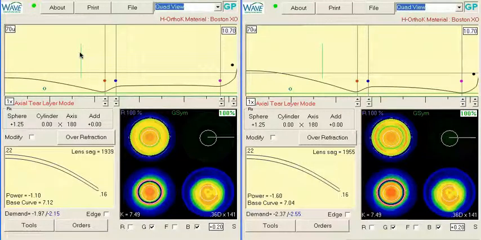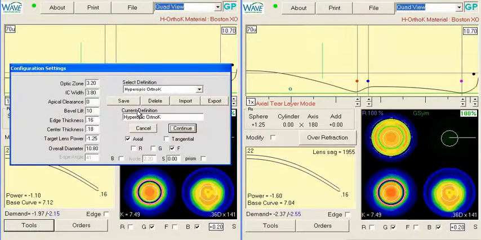So as far as a redesign goes, if we wanted to go freeform, I would probably use the initial 4.5 and 5.0 on this side. We would have to go through and do it from scratch, hyperopic.